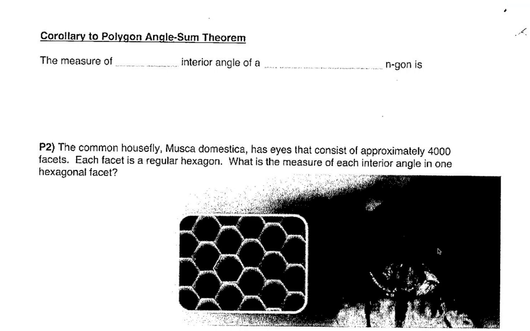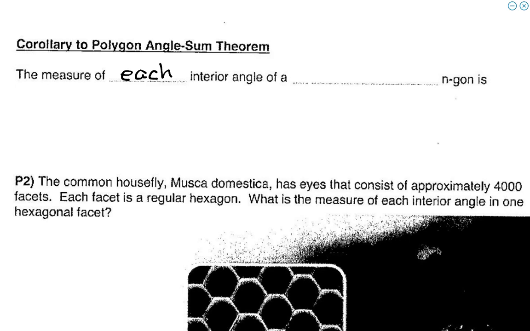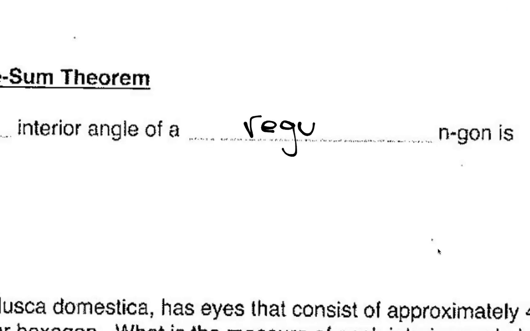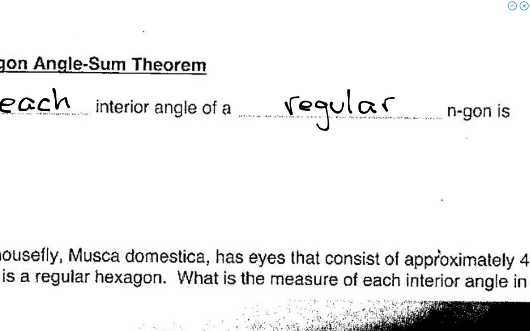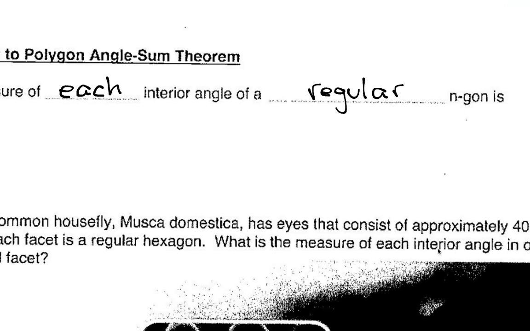All right, corollary to the polygon angle sum theorem. The measure of each interior angle of a regular n-gon, and it's regular because they're all going to be the same exact thing, is 180 times n minus 2, so that's going to give us all of the interior angles, and we're just going to divide it by how many angles there are.